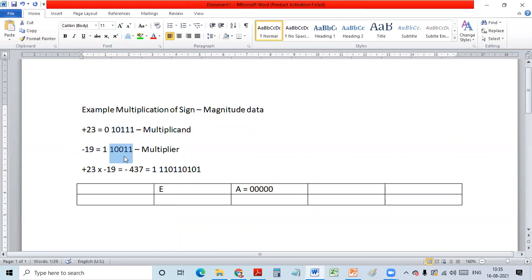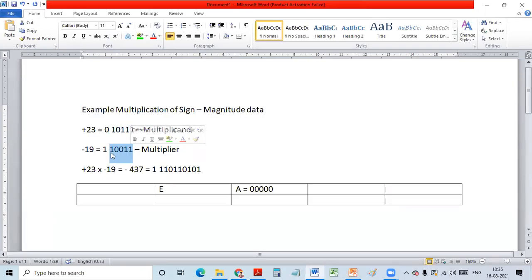One condition here: it is better to choose n the same in both multiplicand and multiplier. If they are not the same, extend the other bits. Suppose it is just 3 plus 3, then only 2 bits will be there, but your multiplicand is 5 bits.